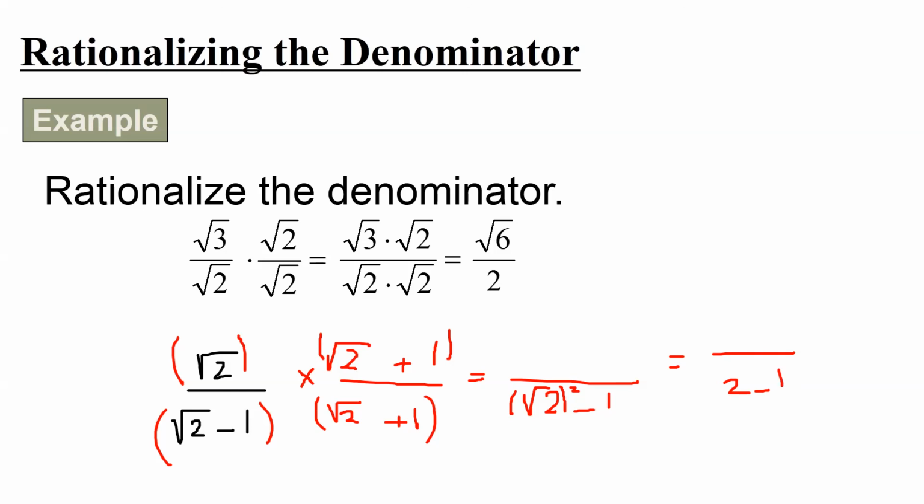If you have only a radical, as in the first example, you multiply by this radical, but if you have a term, you multiply by the conjugate of this term. Of course, if you have another denominator, radical 2 plus radical 3, you multiply by the conjugate, which is radical 2 minus radical 3.